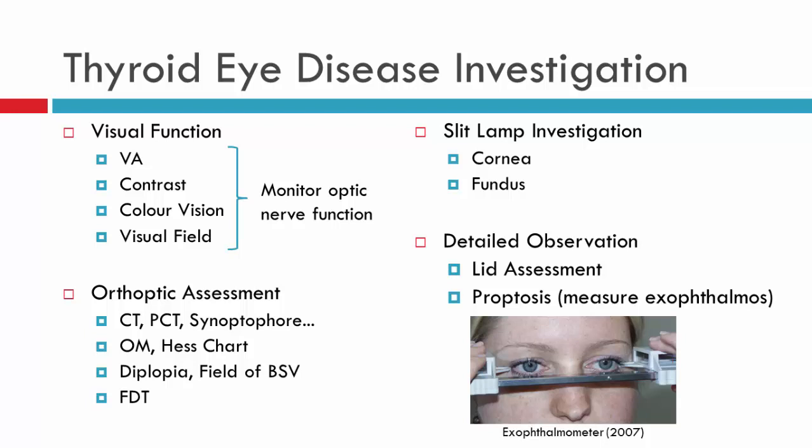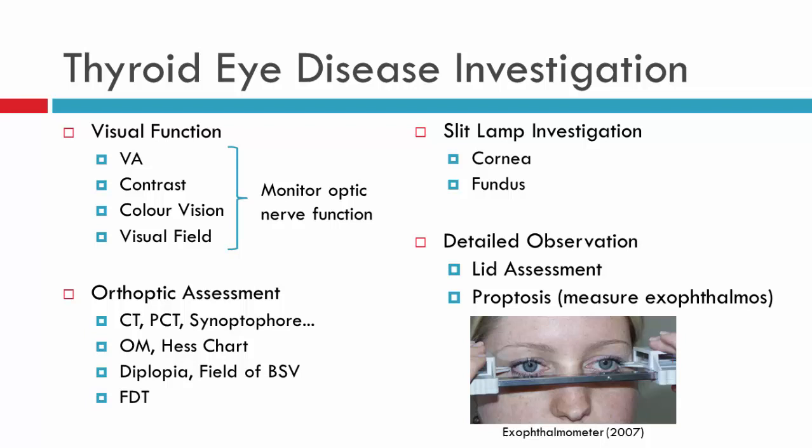In terms of the orthoptic examination, not much has changed there. All of that is fairly standard. And because you have a mechanical restriction, you can expect that FDTs can be positive in these patients. Just going back now to some more ophthalmic investigations, because of the proptosis and the corneal exposure, the patient is at risk of having damage to their cornea and keratitis.